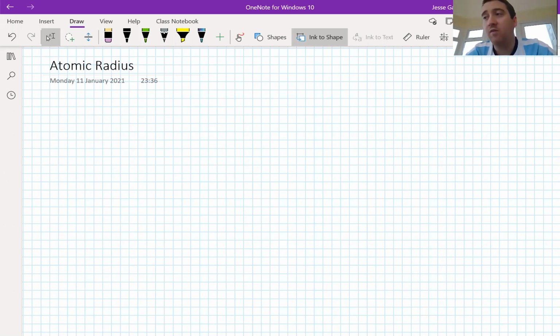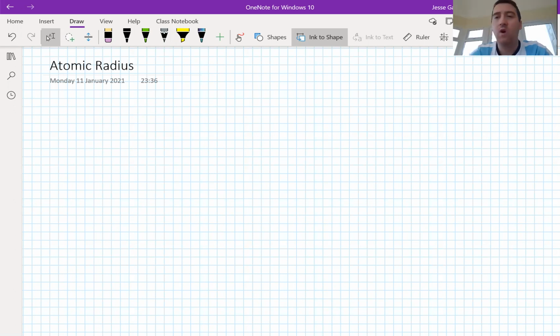Now, to measure the radius of an atom, if we wanted to take an element, say hydrogen, and measure the radius of it, we generally tend to represent atoms as spheres or circles on a page. So why can't we just go and measure the radius of the circle?